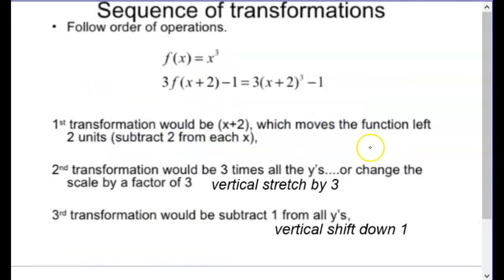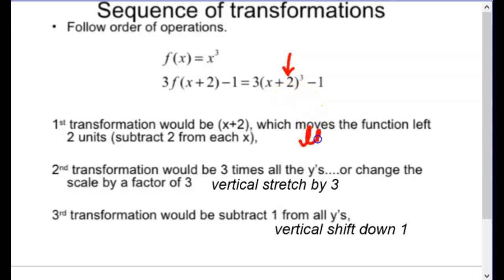So here's another slide on that. Can anybody tell me what order you would do these things in? Parentheses first. So what does a +2 do inside the parentheses? Left 2, right?